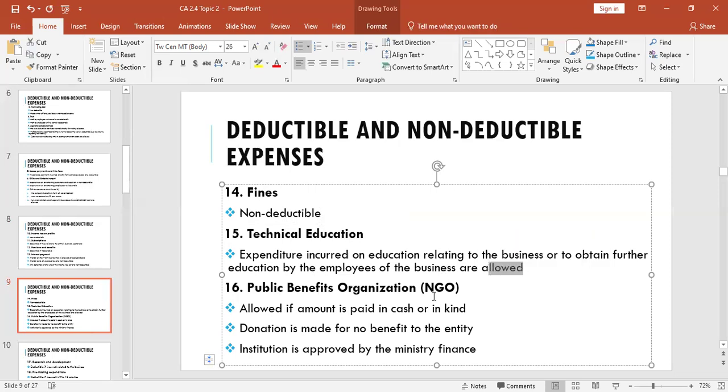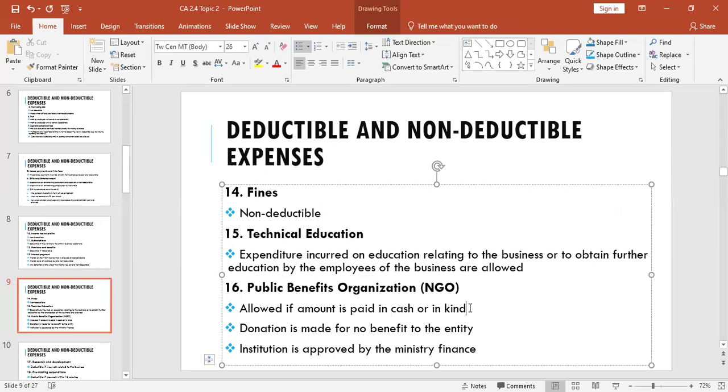Then public benefit organization donations are allowed if the amount is paid in cash or in kind, the donation is made for no benefit to the entity, and the institute is approved by the Ministry of Finance. If we donate to an NGO, the amount that we need to allow for tax purposes is the money value, or the payment is in kind.